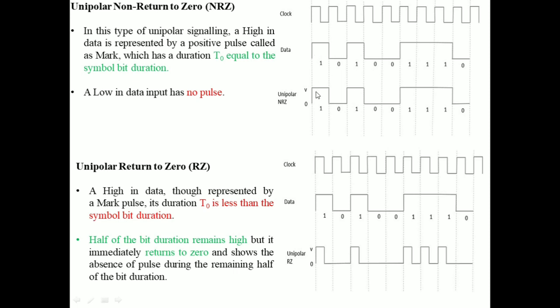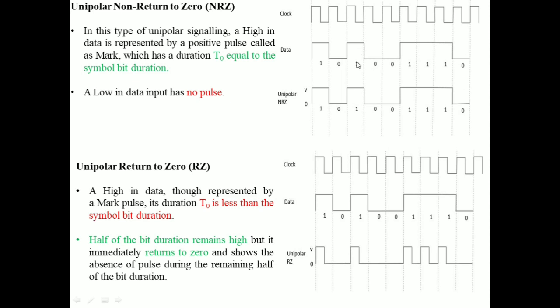Here this one positive pulse duration is equal to the bit duration, and now the low in data, that is data bit 0, is represented without any pulse, that is, we have an absence of pulse. Again for 1 we have a signal, for 0 an absence of pulse, and again for 1 we have this positive pulse.